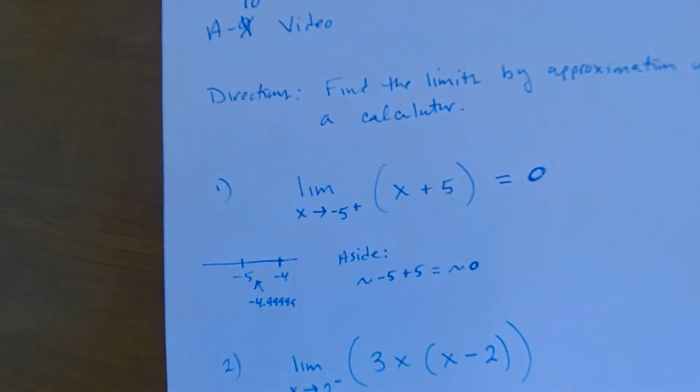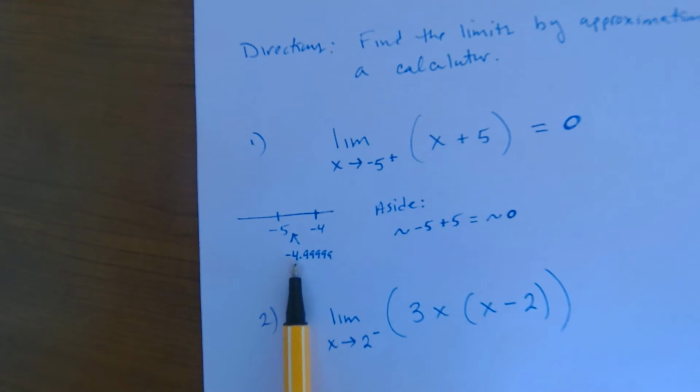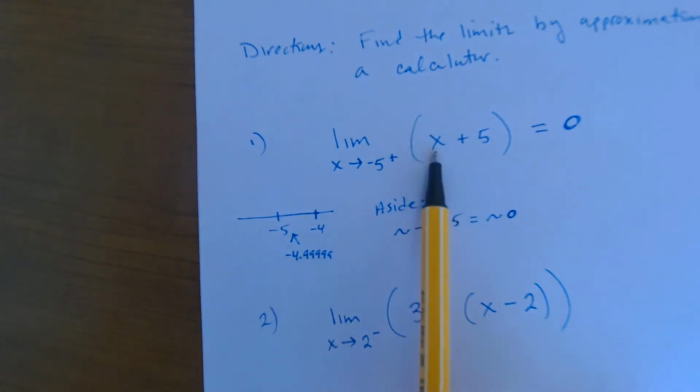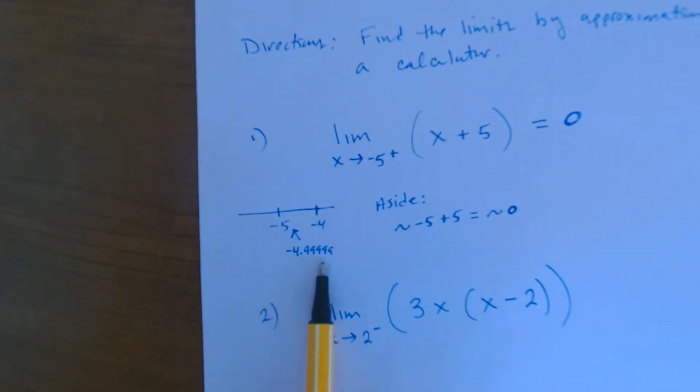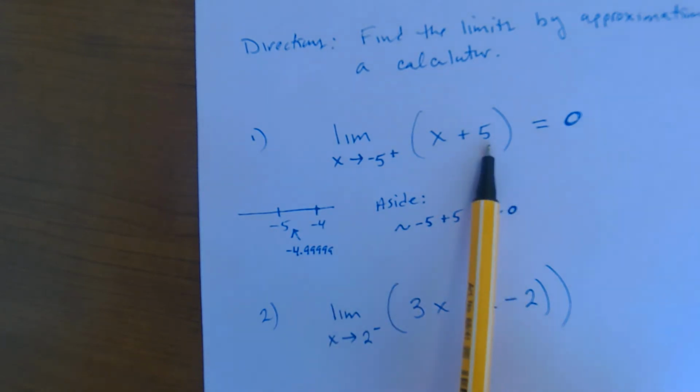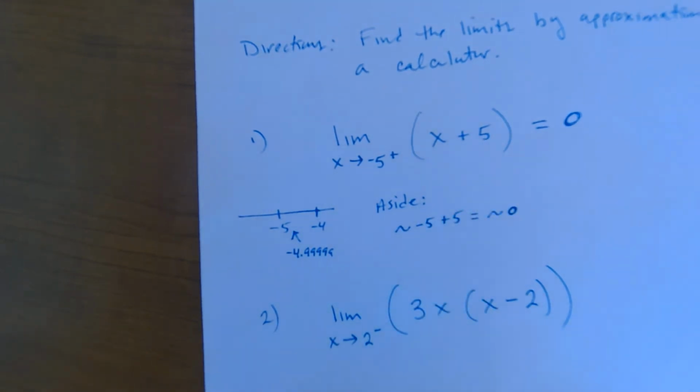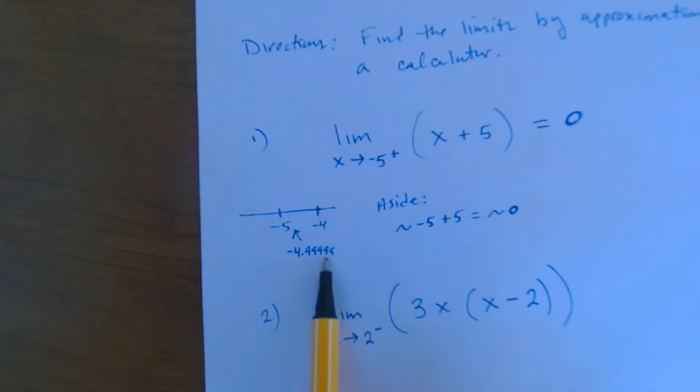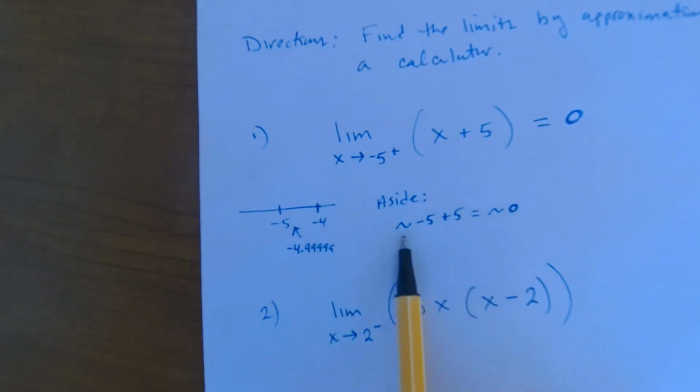Also you could think of x being -4.99999 plus 5, that's a super small number. And it just keeps getting smaller as you're adding more 9s. And this notation, this about, will come into play later.